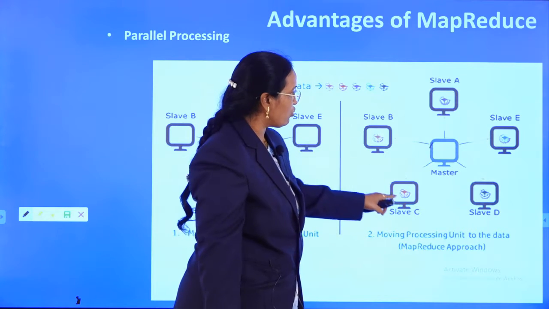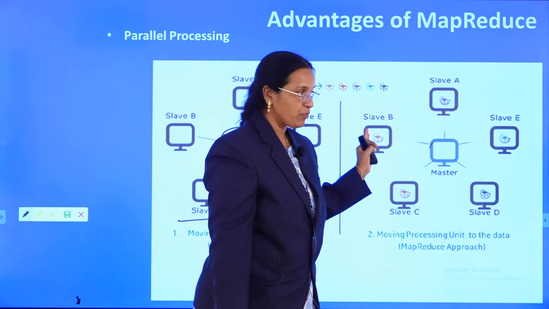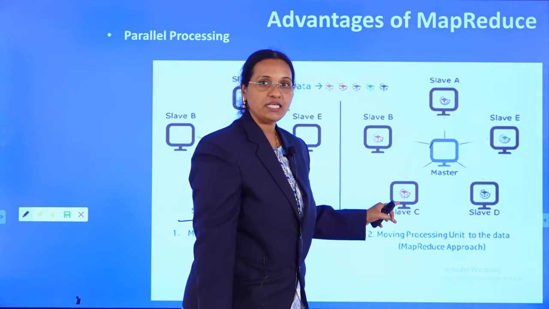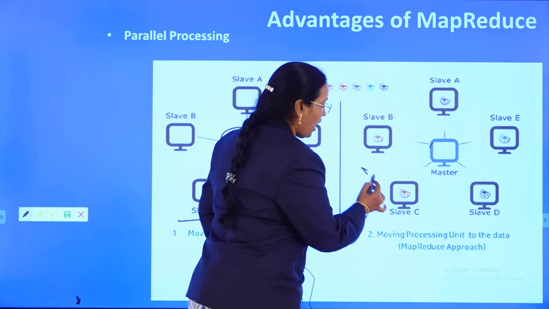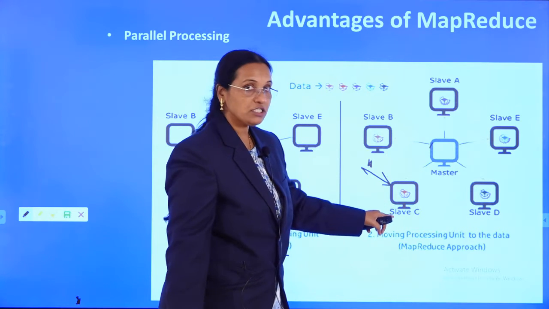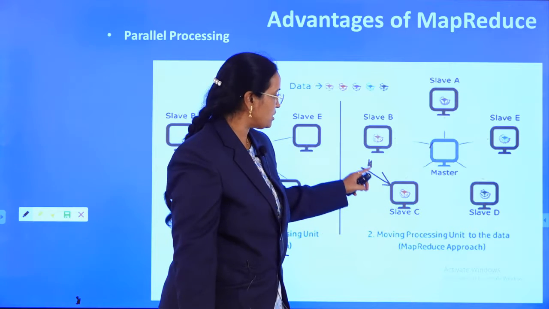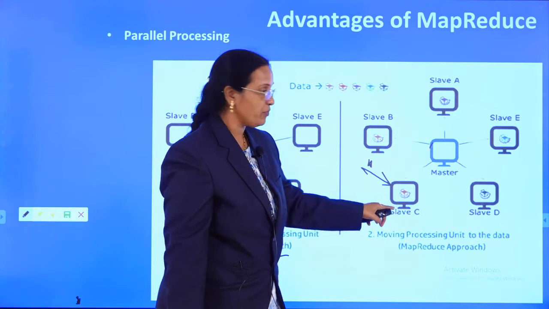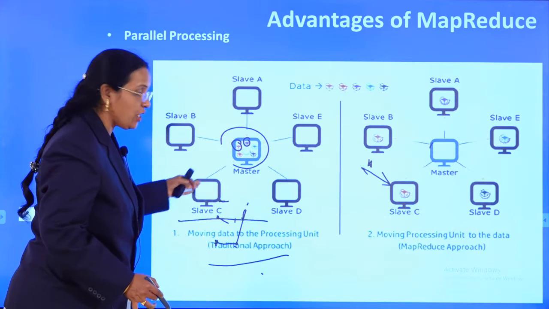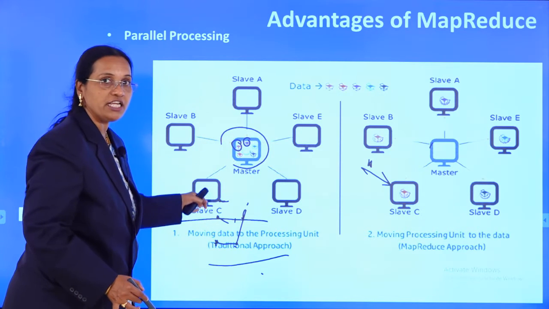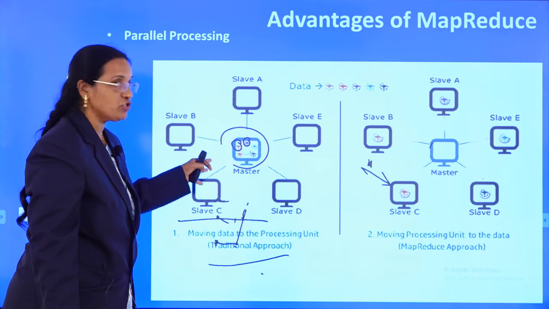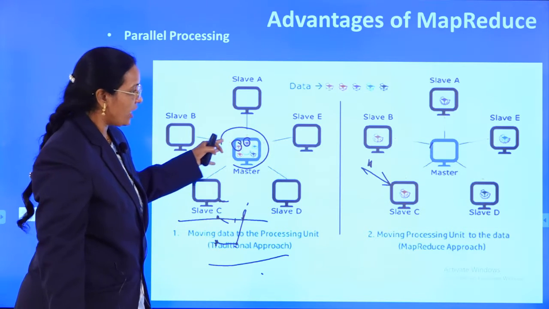So these slave nodes will be holding the data, and I will not be moving this data. Wherever my data is, I will pass the algorithm to that data. This shows that movement of the algorithm is simpler than the movement of the data. Whereas in the traditional approach, we try to move the data, which is more costly, more time consuming, and network problems also arise.